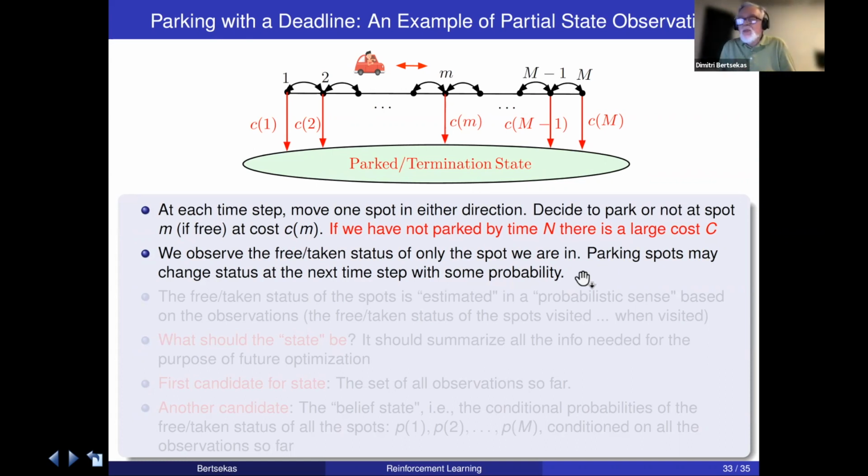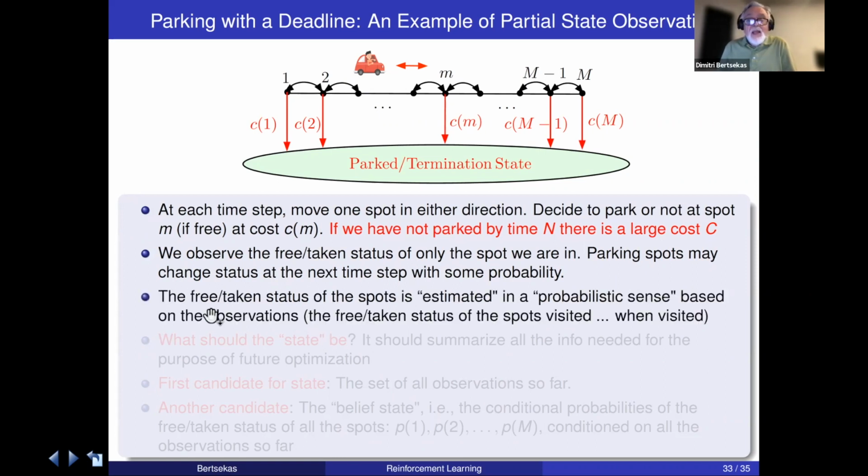So a natural state here would be the map of the parking lot. But that map changes all the time probabilistically, because new cars come in and existing parked cars may decide to go out and free the parking spot.